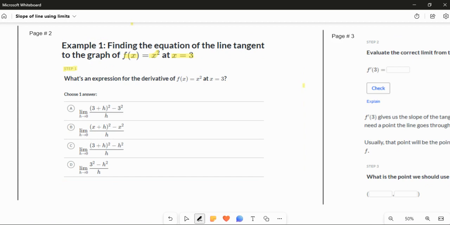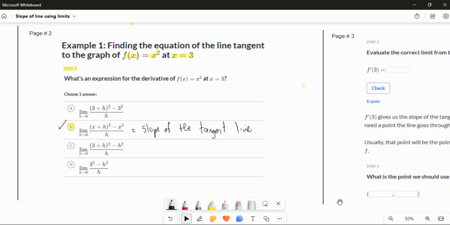Let's mark off the value of b, which I can state that x plus h squared minus x squared over h when h approaches 0 is my tangent line to this graph. So this would be the slope of the tangent line.